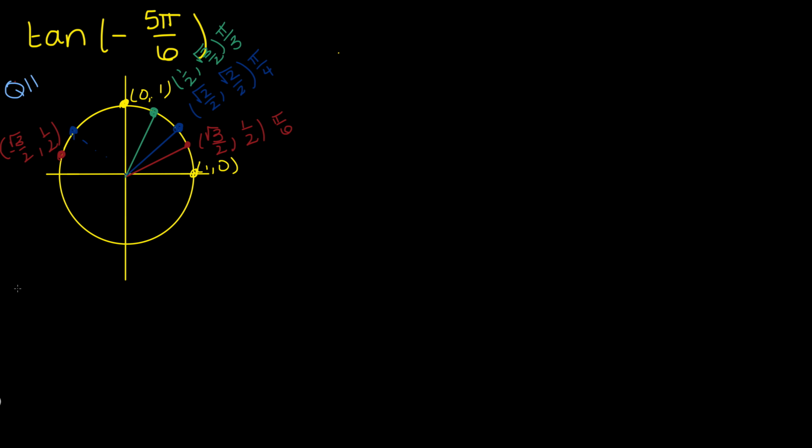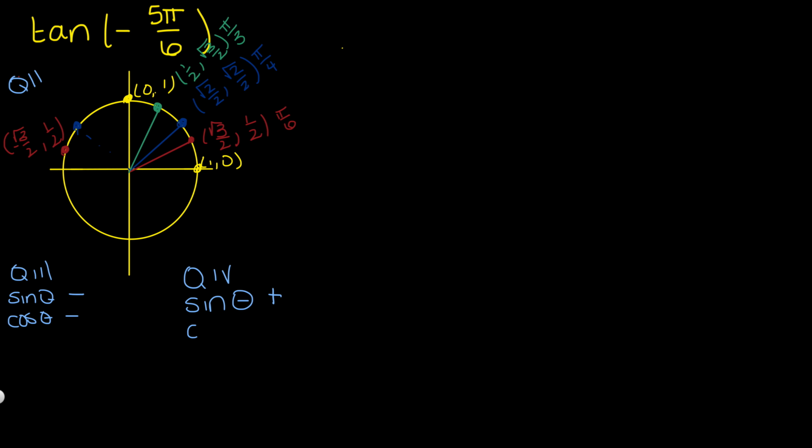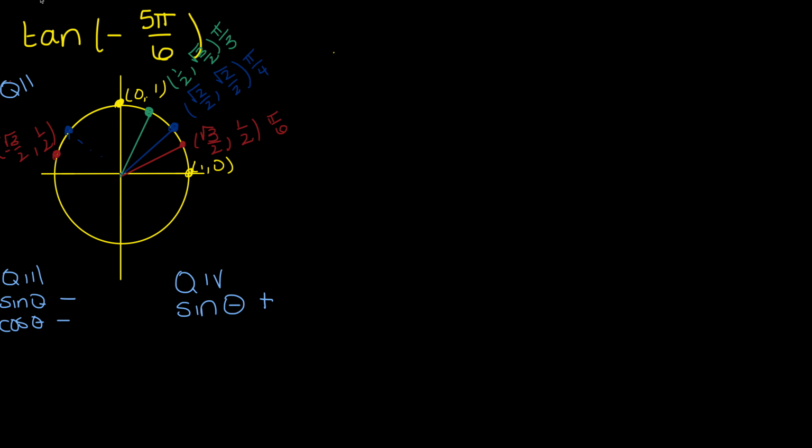So in quadrant 3, sine of theta will be negative, cosine of theta will be negative. In quadrant 4, sine of theta would be negative, while cosine of theta would be positive.